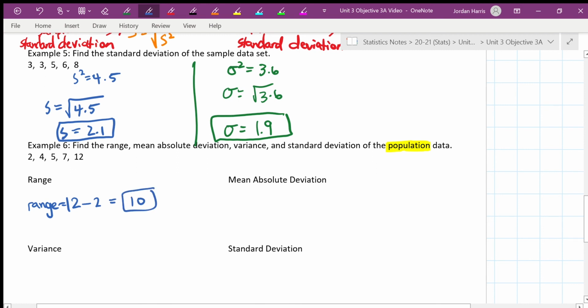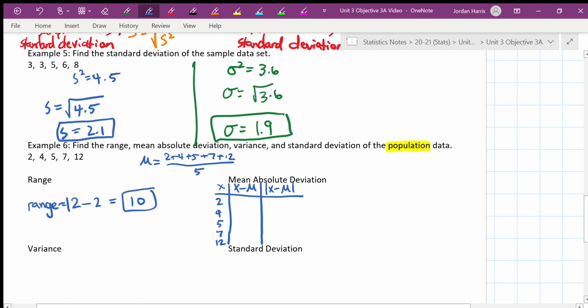For the mean absolute deviation, you're going to want to set up tables and understand how to set them up. Remember, it's a population, so I'm going to use the correct variables here. The data is 2, 4, 5, 7, 12. I need to find my mean: mu equals 2 plus 4 plus 5 plus 7 plus 12 divided by 5.